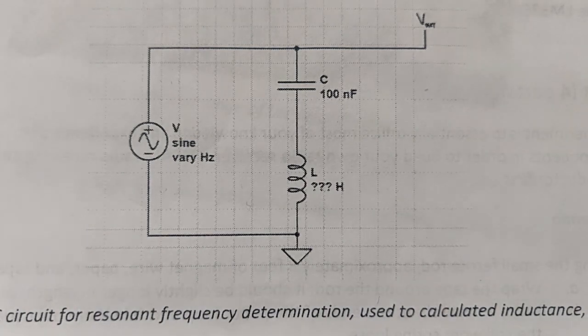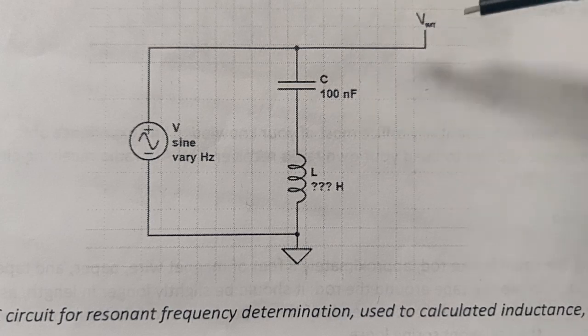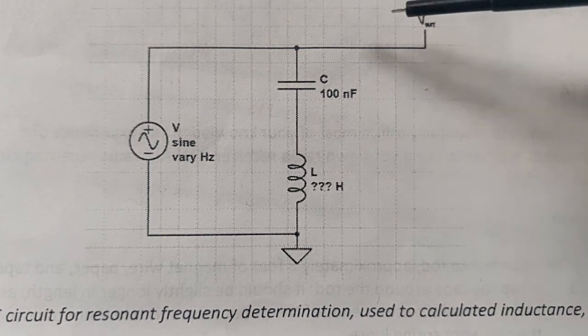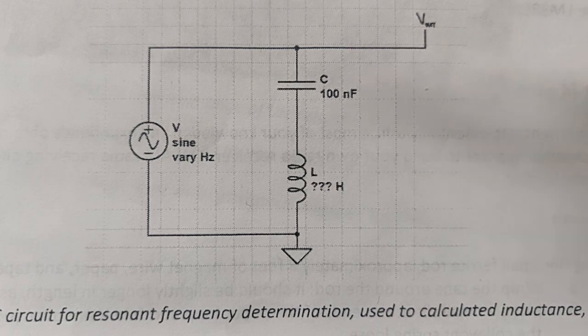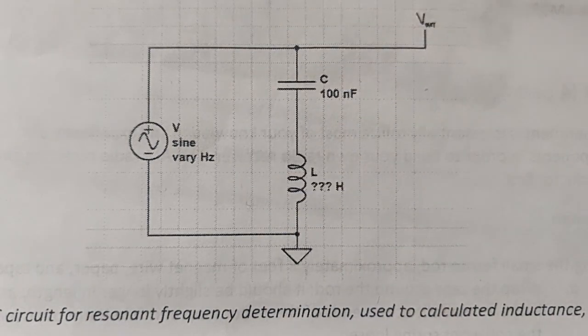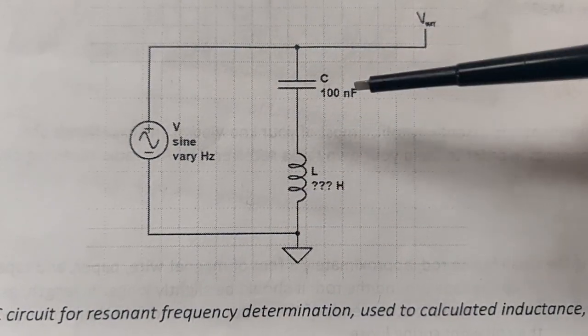Just to give a reminder of what we're actually looking for, we'll be measuring this voltage drop over both components, and because these are in series, the same current is flowing through both of the components, but the voltage drop is different.